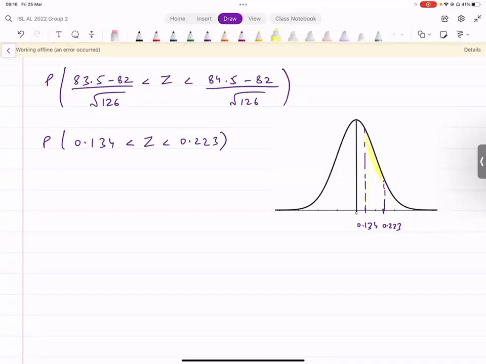So we are basically looking for this region.